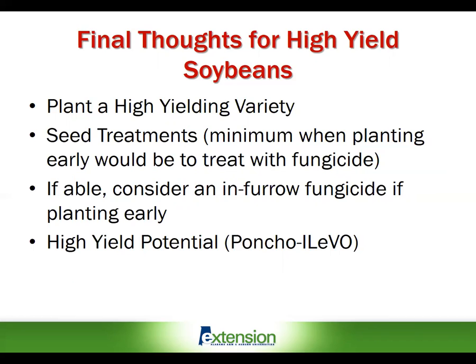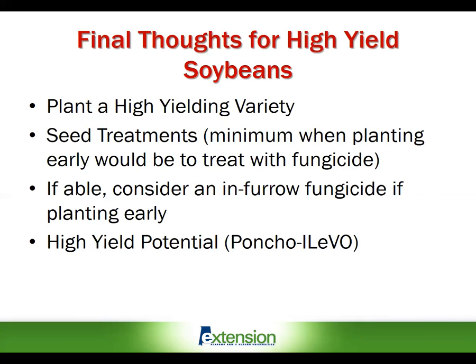Now, if you plant early and you've got the ability to put an in-furrow fungicide, I would consider doing that. I know that in Arkansas and Mississippi Delta, they think that is one of their keys to higher yield. Remember, there's only two fungicides labeled for in-furrow application, and that's Preaxer and Abound.